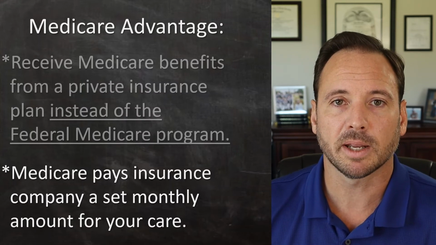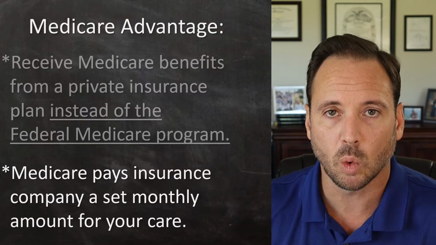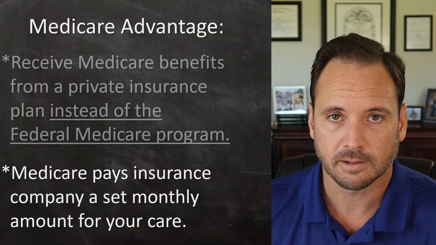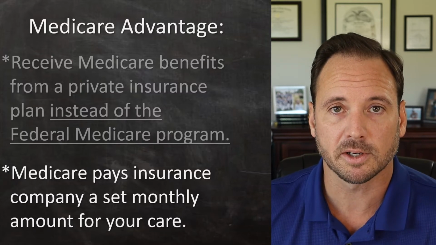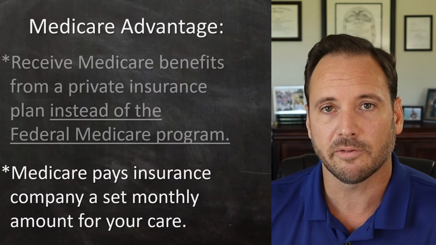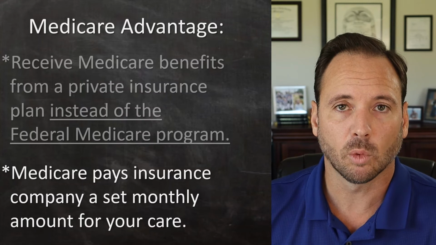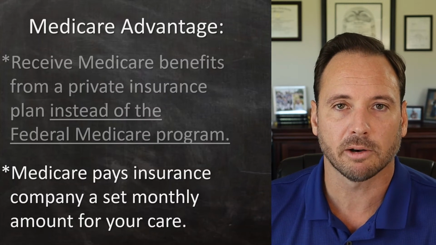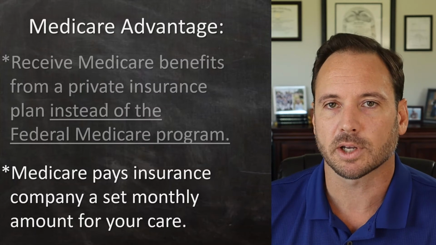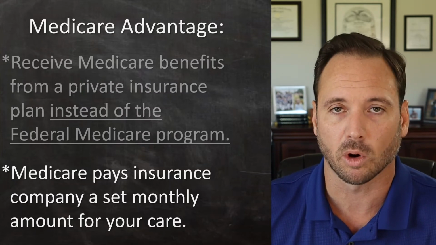Now, the insurance companies that sell the Medicare Advantage plans are in business to do one thing and only one thing, and you probably know what that is. It's make money. They're in business to turn a profit. So to do that, they have to keep enough of that monthly payment from Medicare to be profitable. One of the main ways that they're going to go about achieving this is by requiring that you only see doctors and hospitals and providers with whom they have a favorable cost agreement worked out.